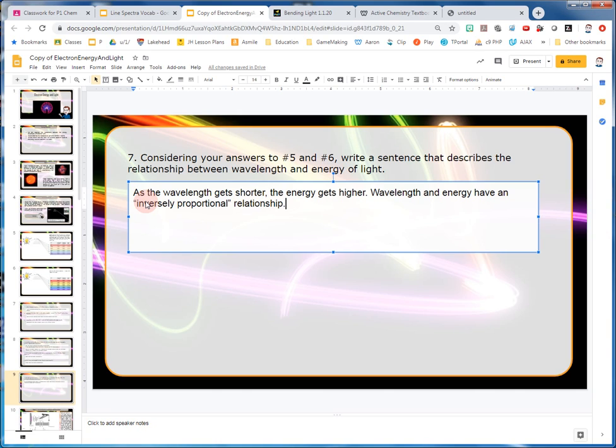That's called an inversely proportional relationship. Instead of going with each other, they go opposite of each other.